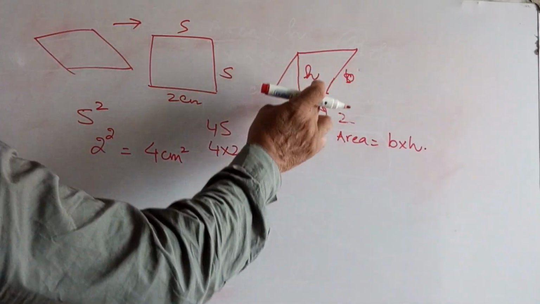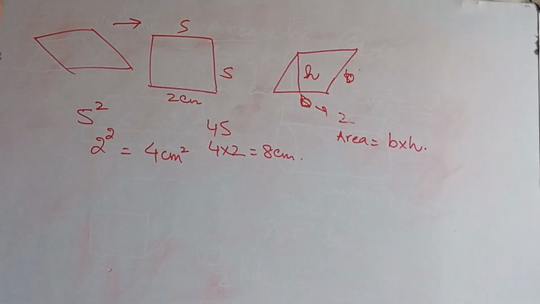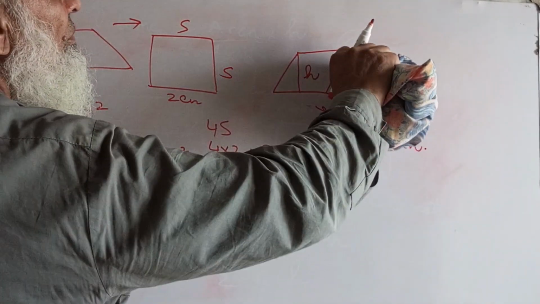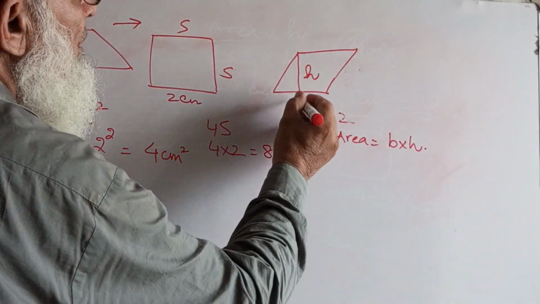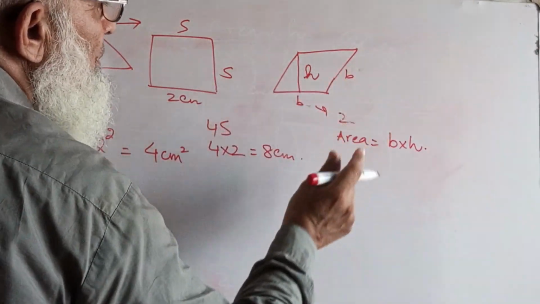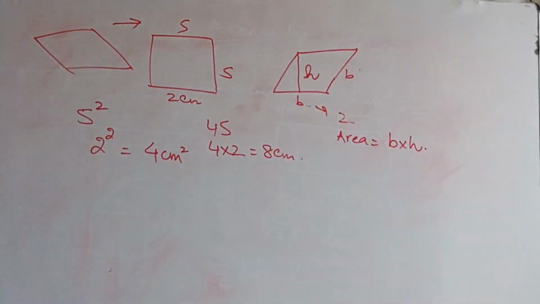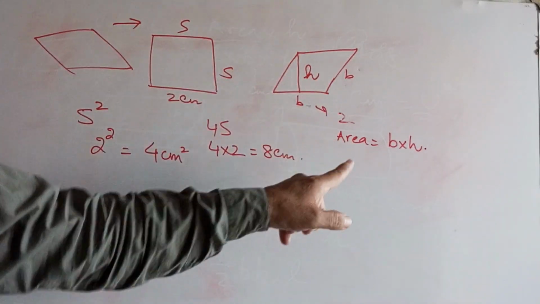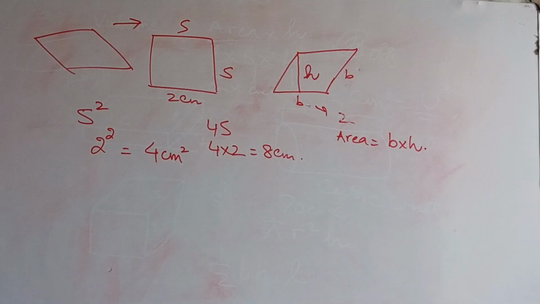Okay, H is this, B is this. Let me write it clearly that this is B and this is H. So area is equal to B into H. Whatsoever the height is, B into H will be the area. Okay.